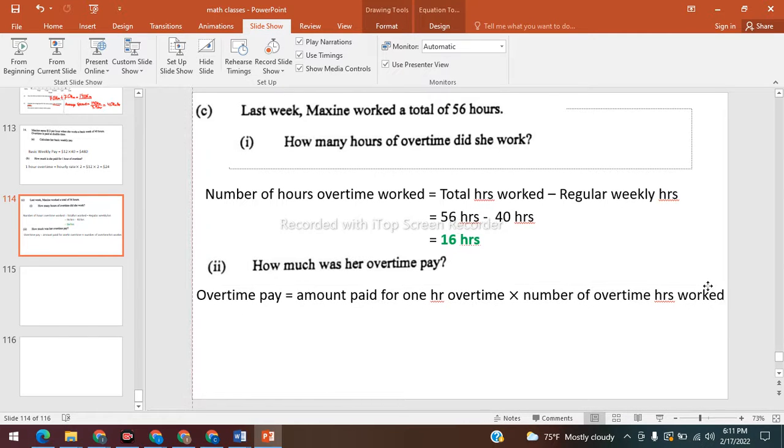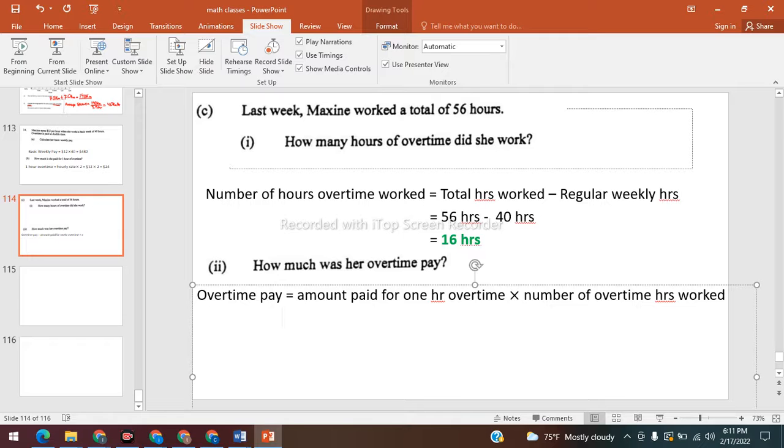So overtime pay is going to be equal to the amount that they pay her for 1 hour overtime multiplied by the number of overtime hours that she worked. And we know that the amount that they pay her for 1 hour overtime is going to be $24. And we're going to multiply that by the amount of overtime hours that she worked.